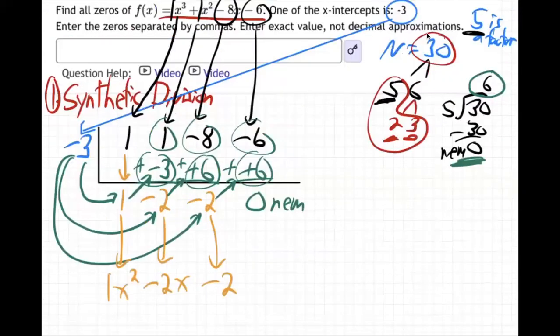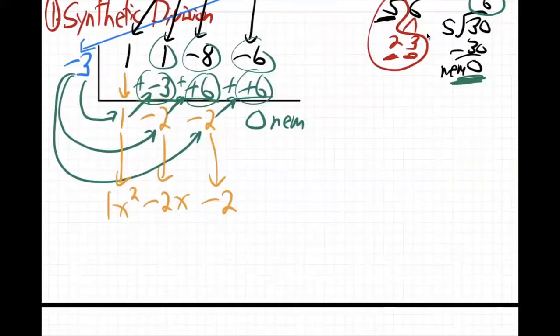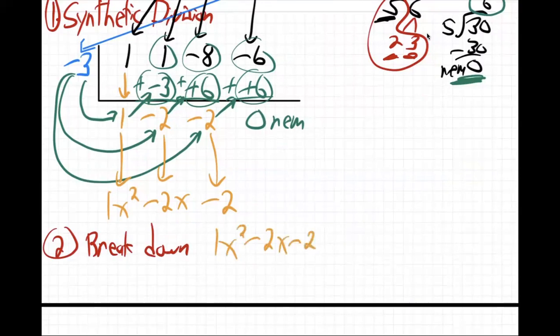Okay, so now we have to break this down, just like when we divided here, we got the 6, and we had to break the 6 down further. So now we have to break this down. That's step number 2. Break down the 1x squared minus 2x minus 2 by how? The quadratic formula.